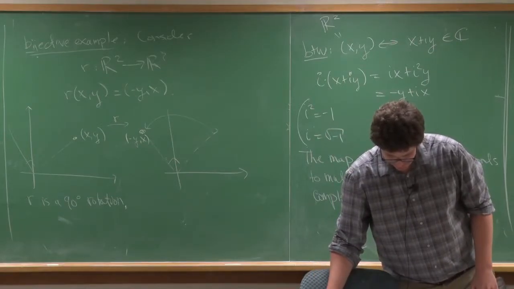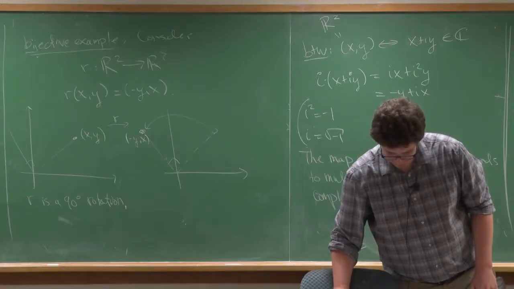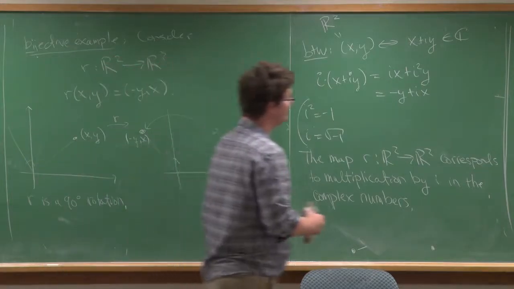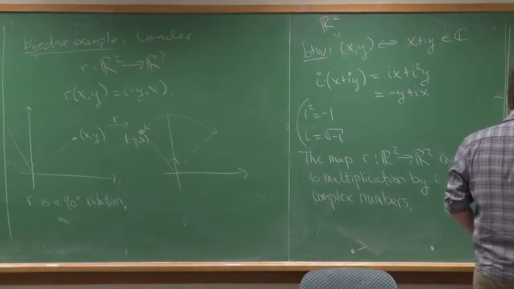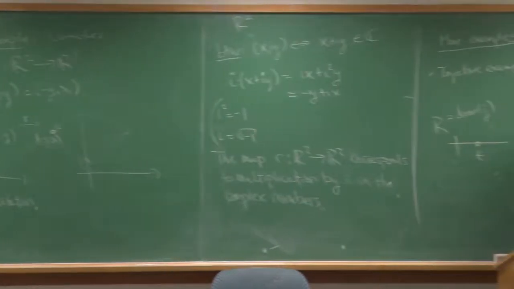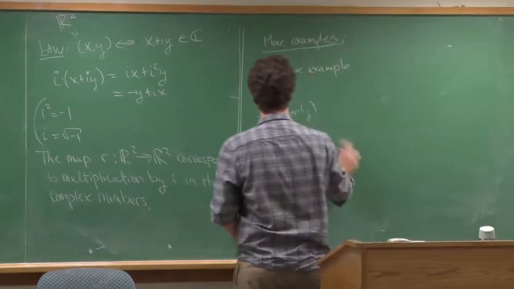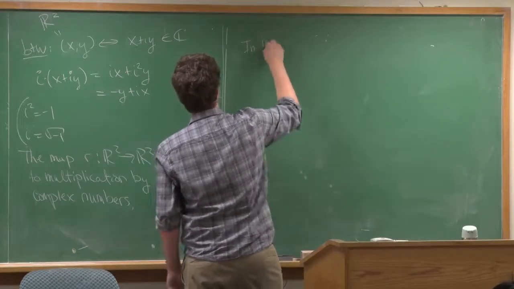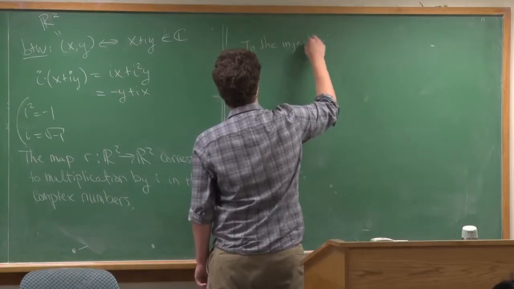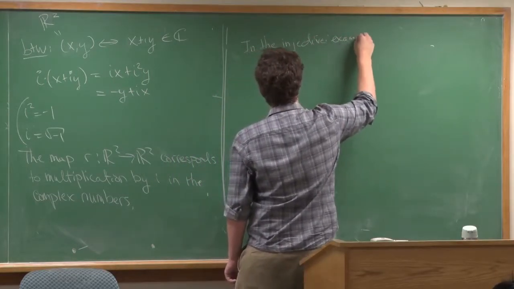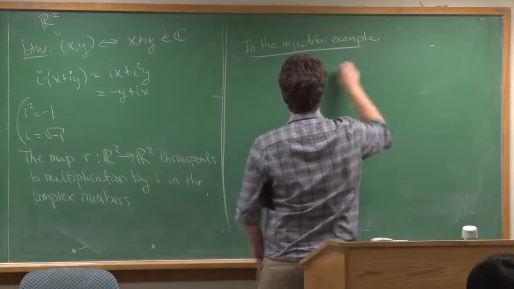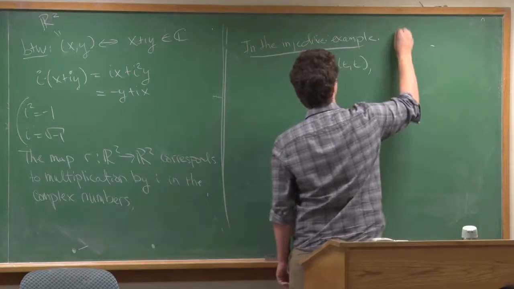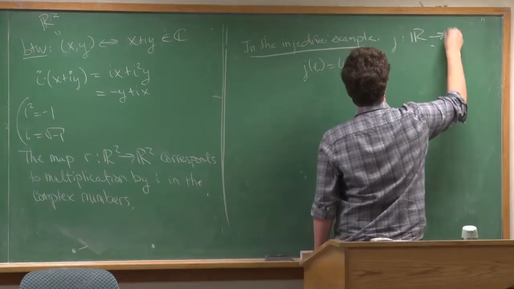So let's talk about images and preimages here. In the first example, the injective example, let me write it down again. J(t) is equal to (t, t), and J was a map from R to R².